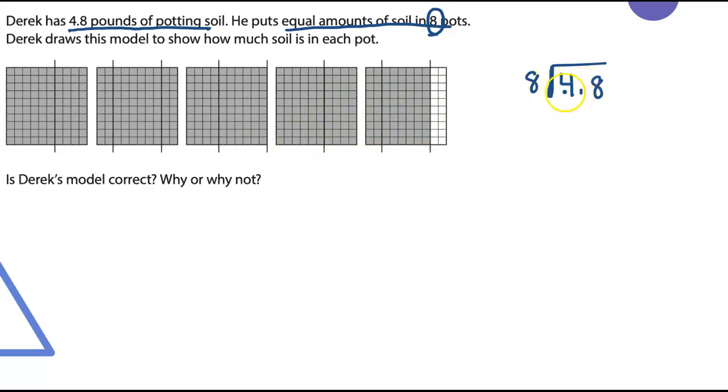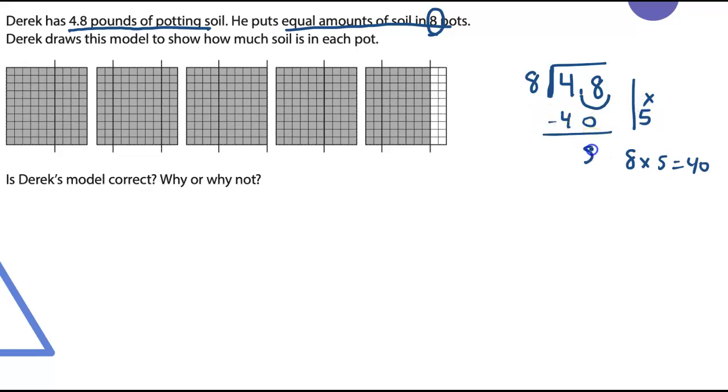So I'm going to move my decimal in my dividend one place. If I do that, I'm going to have to move it back one place. But I know 8 can go into 48 a certain amount of times because it's a multiple of 8. So if I know 8 times 5 is 40, I can use that as a partial quotient. So 8 times 5 is 40.